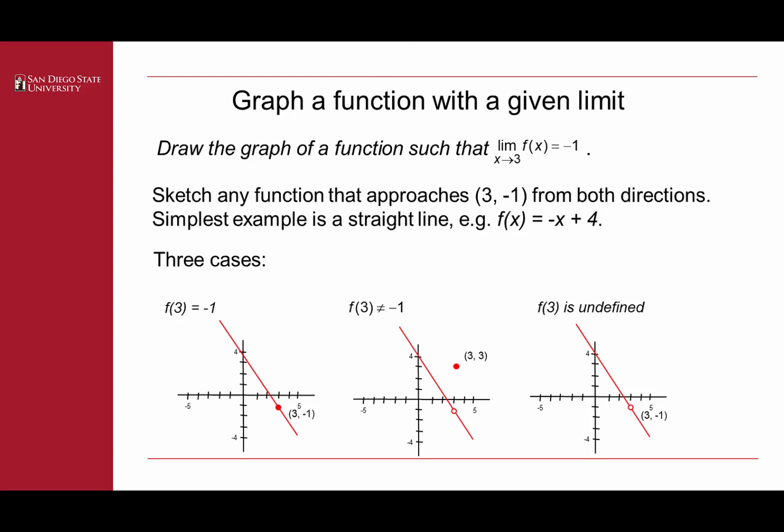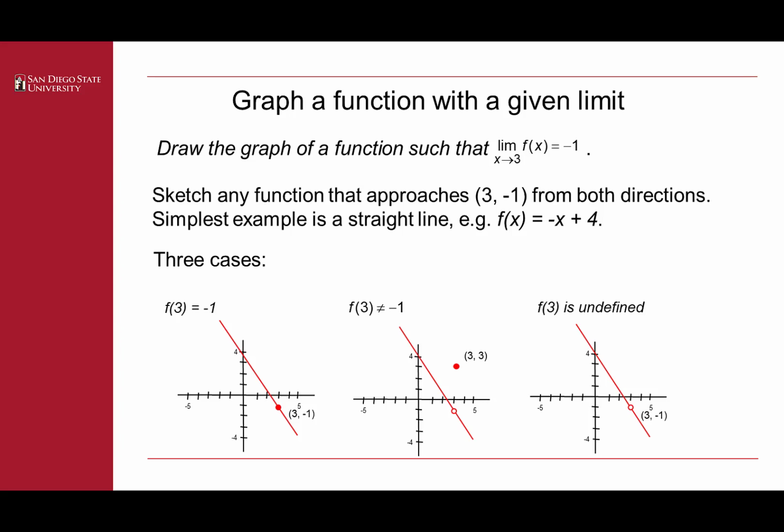Let's try to graph a function with a given limit and do the same thing from the opposite side. As an exemplary case, let's draw the graph of a function such that the limit of f(x) as x approaches 3 is equal to -1. So we will sketch any function that approaches the point (3, -1) from both directions.